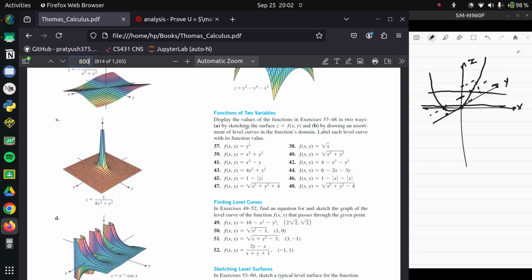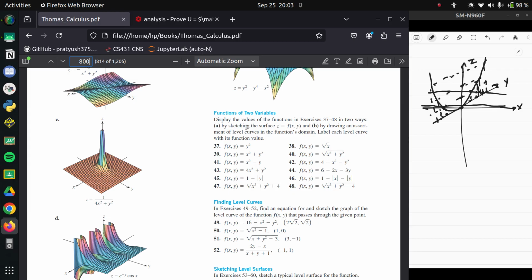This thing is 1, this thing is 1.4, this thing is 1.7, this thing is probably 1, right? Okay, this is 1.4, this is 1.7, so that would be at z equal to 3, and so on.